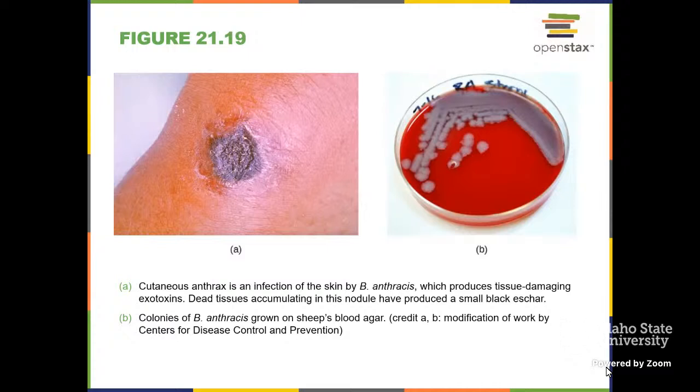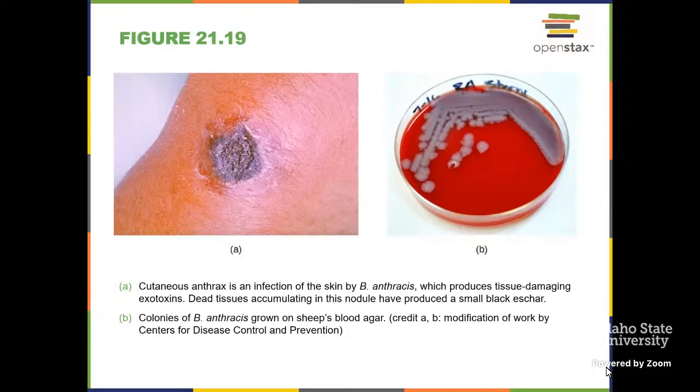Agriculture stuff, maybe, especially ranching. Ranchers that are dealing with livestock, handling the hides of these animals, shearing sheep, things like that, potentially bring you in contact with the organism or its spores and may lead to infections.